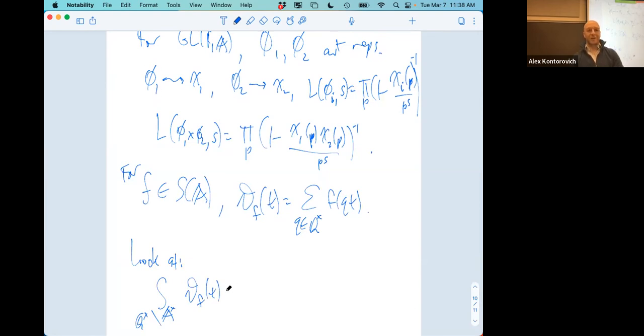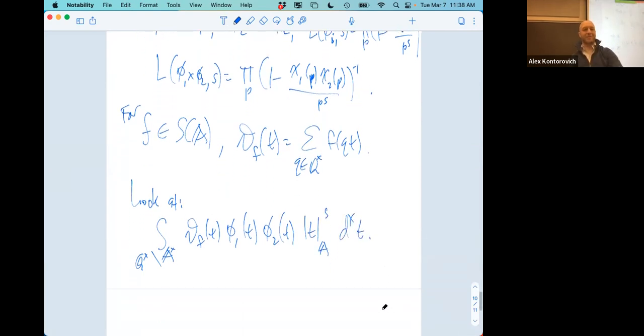It's also where phi1 is defined. It's also where phi2 is defined. I take these things, I multiply them by the adelic norm of T to the S and adelic Haar measure. And I look at that integral.